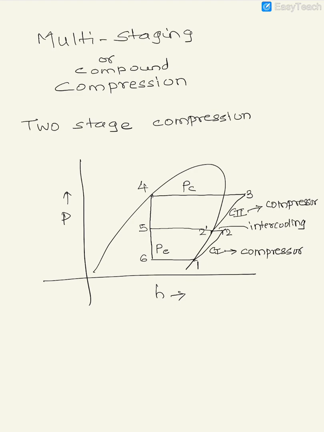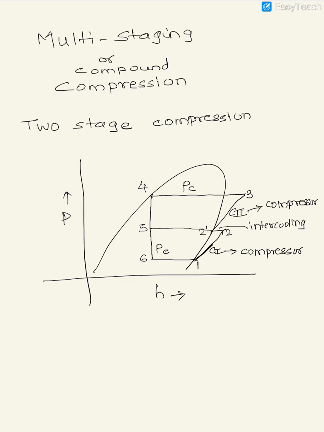The advantage of compound compression over single-stage compression is that the specific work input gets reduced significantly in case of two-stage compression. What is the reason? If you compare it with the single-stage compression, if I want to represent a single-stage compression here, it would be shown like this.